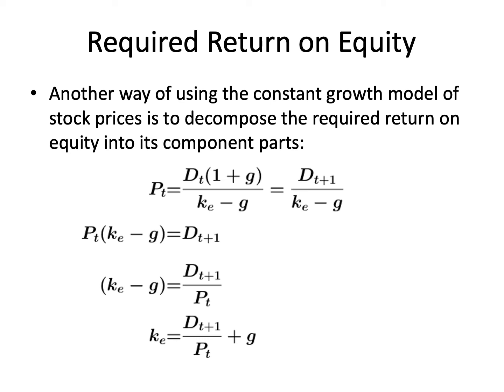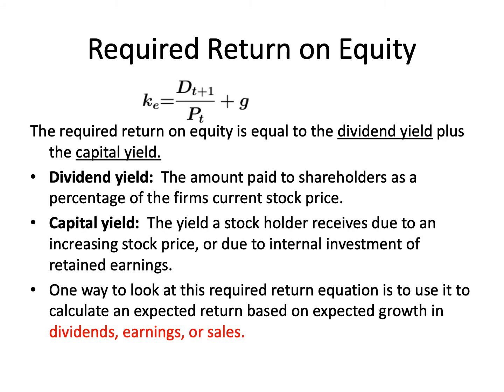By rearranging, you can calculate the return on equity you require as the dividend in the following year divided by the price now, plus the rate of growth. So the required return on equity is equal to the dividend yield plus the capital yield. Dividend yield, d_t plus 1 over p_t, plus the capital yield, which is the expected growth rate.